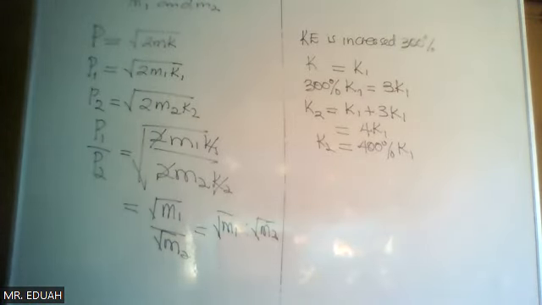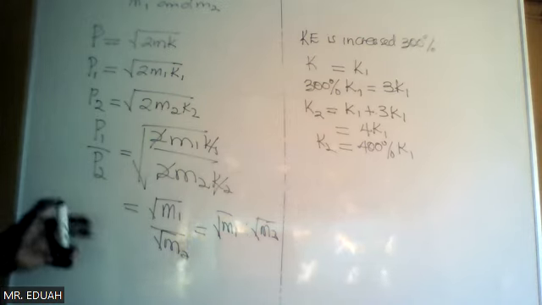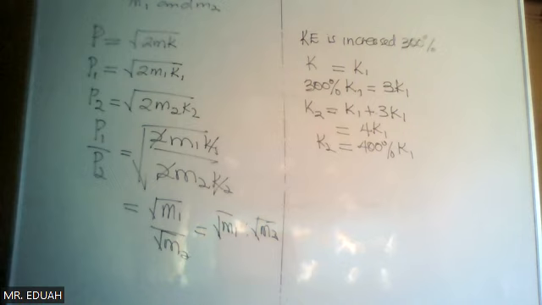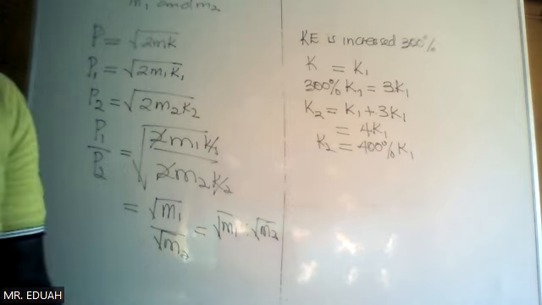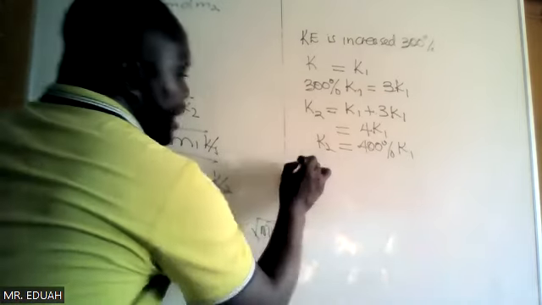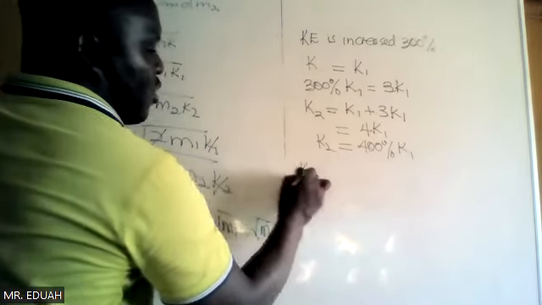Okay. So what will be the effect? The question is about if the kinetic energy of a body is increased by 300%, its momentum would increase by how much. So a ratio of K1 on K2.